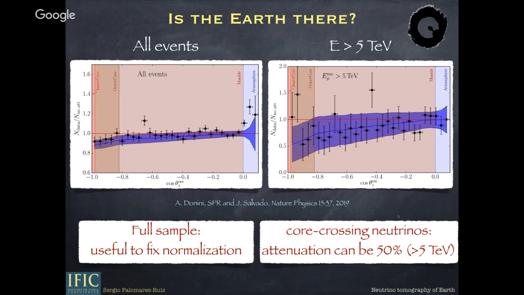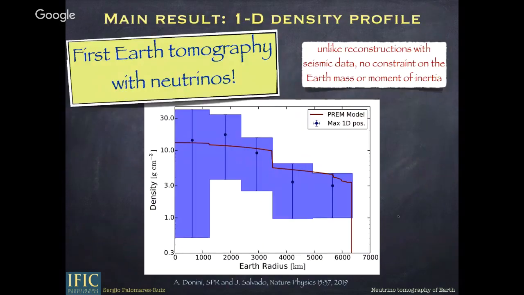Okay, so with all this, this is the main result that we got, which is the one-dimensional density profile. This is the first time an Earth tomography has been performed using actual data with neutrinos. And this is the density as a function of the radial distance from the center of the Earth.